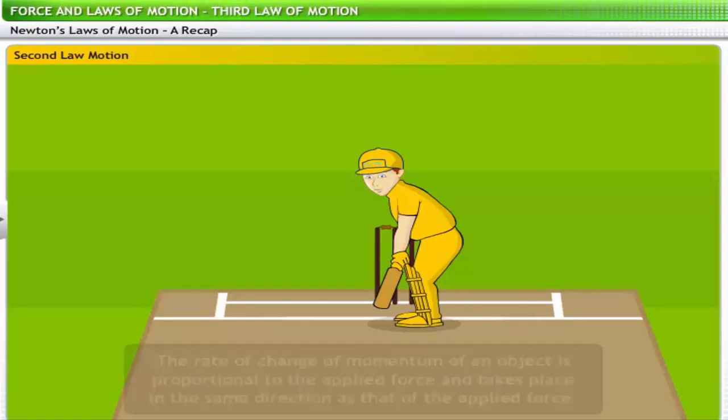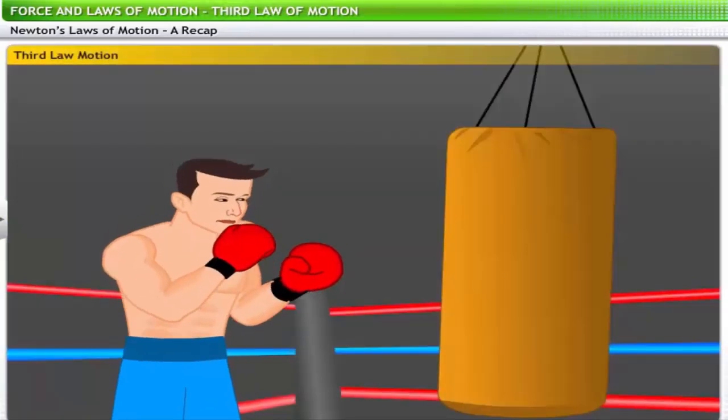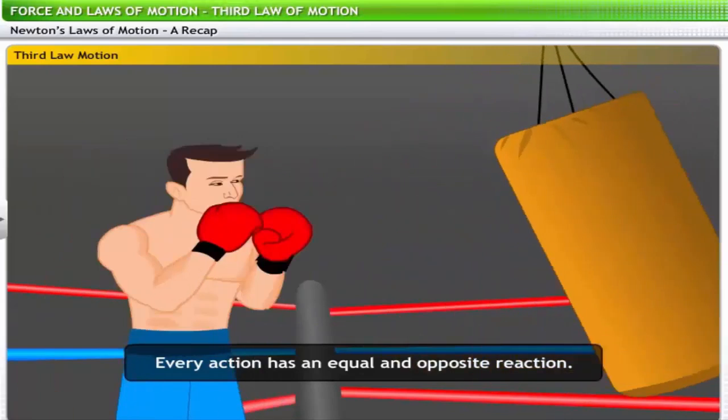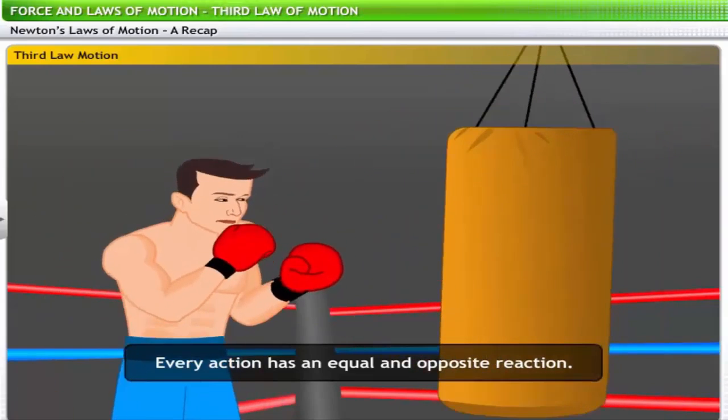The second law states that the rate of change of momentum of an object is proportional to the applied force and takes place in the same direction as that of the applied force. Newton's second law of motion gives the measurement of force. The third law states that every action has an equal and opposite reaction. Newton's third law of motion gives the application of force.